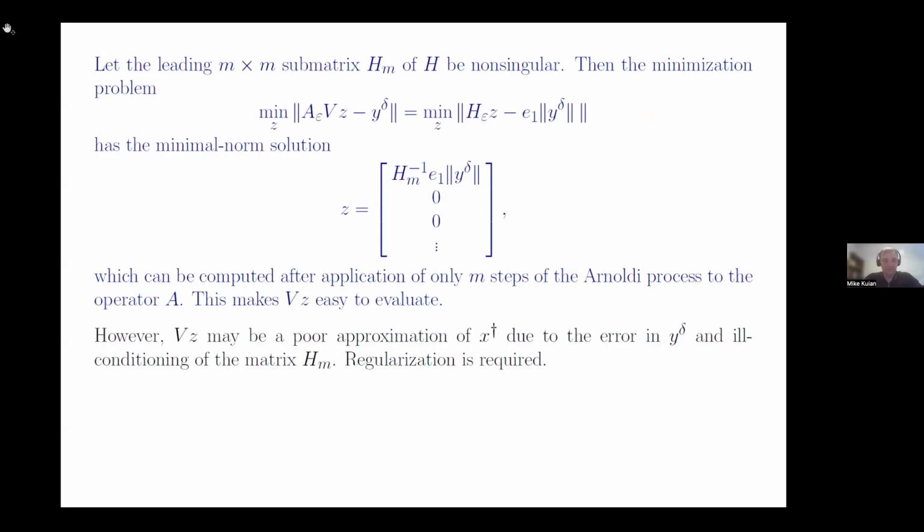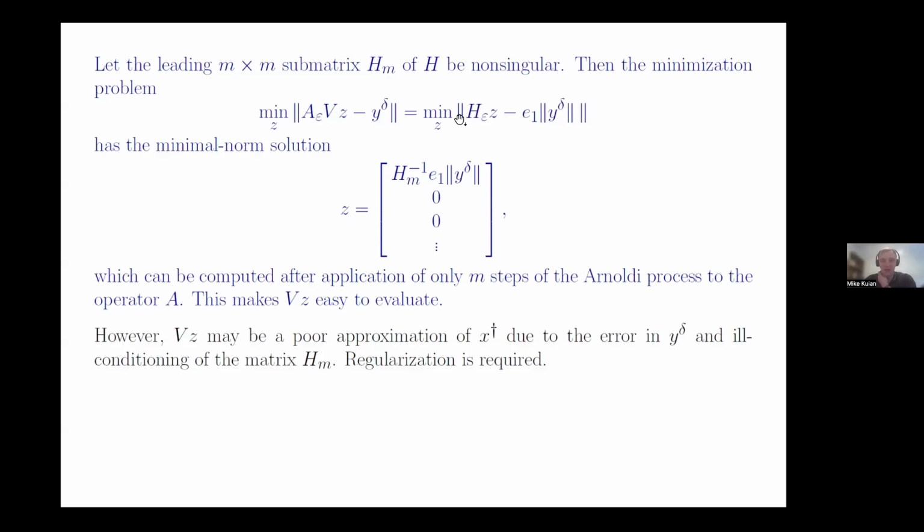Well, so now let the leading m times m submatrix of the Hessenberg matrix be non-singular, then the minimization problem can be simplified to this one. It's a pretty well-known fact. So instead of the original problem, we can solve this one.